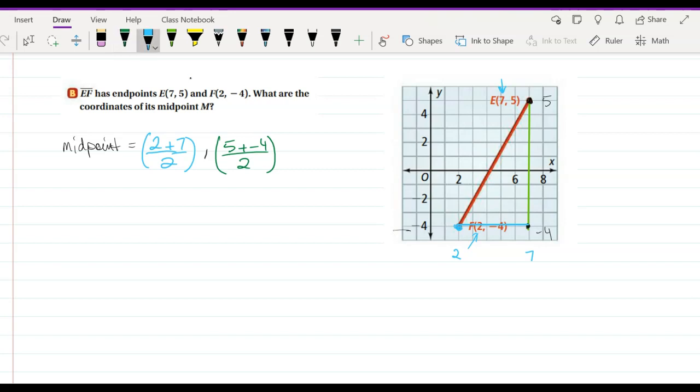Okay, 2 plus 7 is 9 divided by 2. And 5 plus a negative 4 is 1 divided by 2. So my coordinates for this point are going to be 4.5 and 0.5.